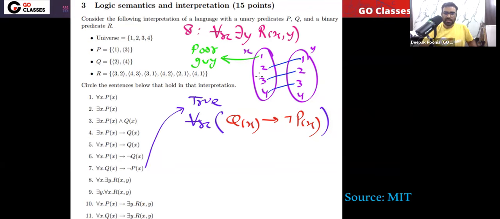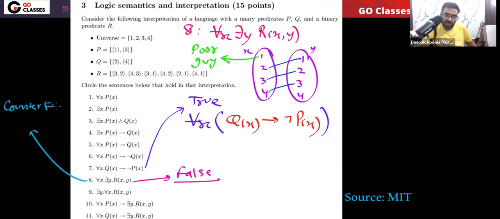The point is, now I can say that this eighth statement is actually false. Is this clear? Because in the eighth statement, we are saying that for every x, there is some y such that Rxy will be true. But here you can see that for this one, there is no y such that R(1, y) will be true. Basically here the counterexample is x equal to 1.